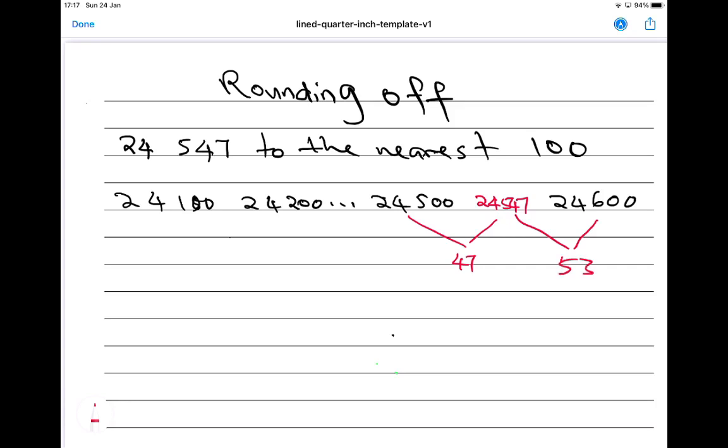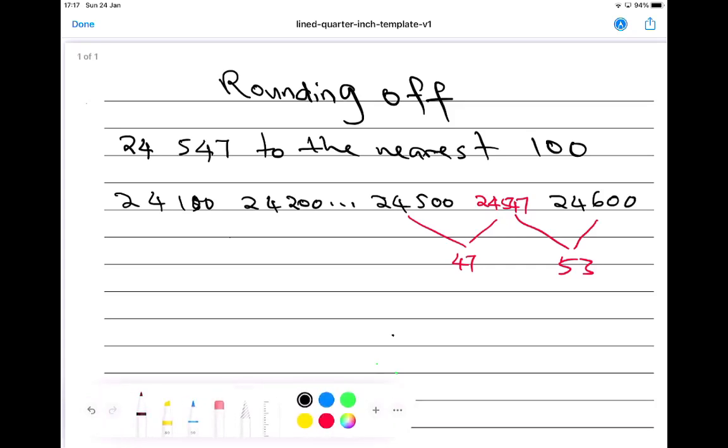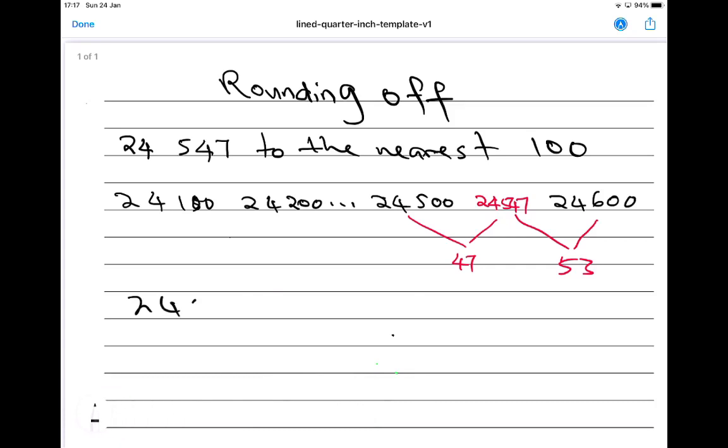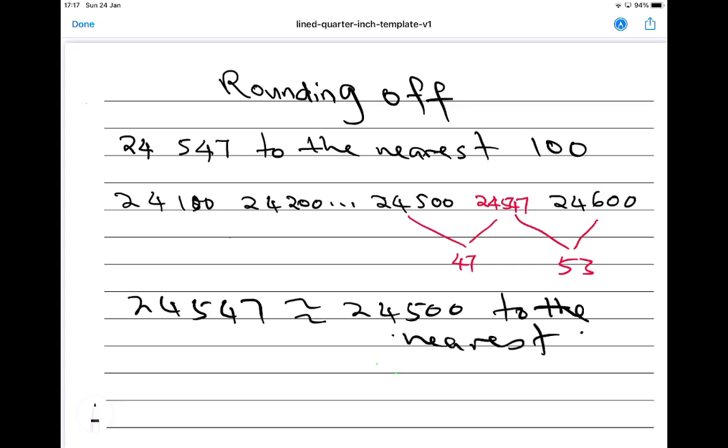Right, now you can tell that that number 24,547 is actually closer to 24,500 than it is to 24,600. So your final answer for that one, you could then say 24,547 is approximately equal to 24,500. Don't forget to write this statement here, to the nearest 100.